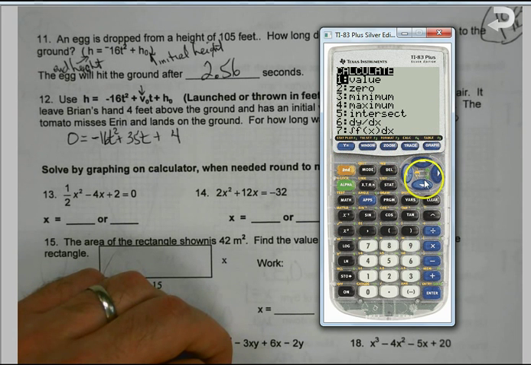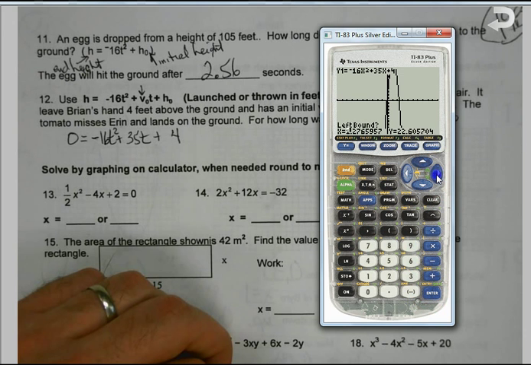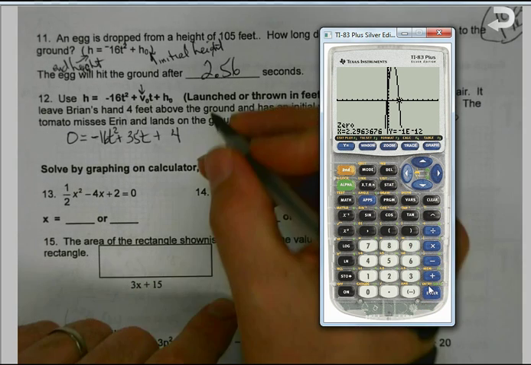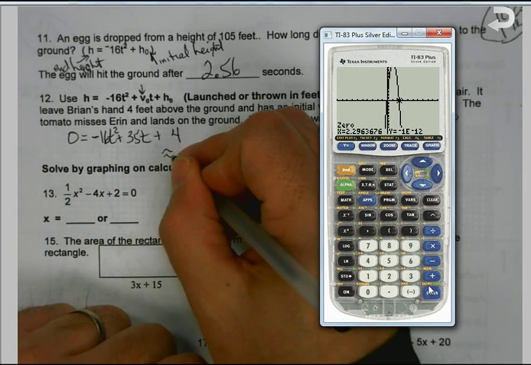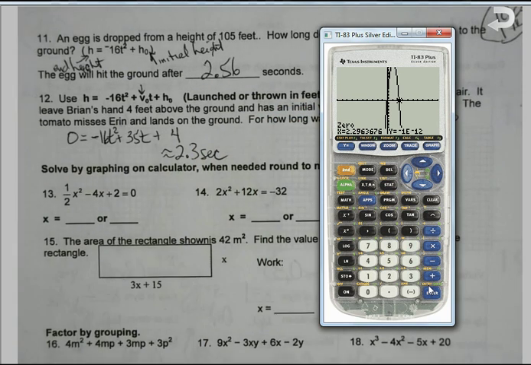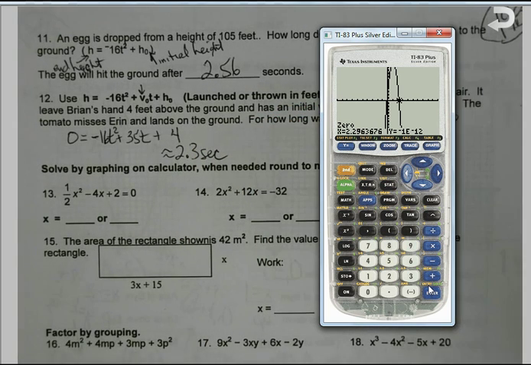So I'm going to go ahead again, use my calculate menu to find the 0. Okay, anywhere above it is good for my left bound. Anywhere below the x-axis is good for my right, because again, I'm trapping that point in. And I find out that my 0 is going to be at about 2.3 seconds, or 2.30 if you want to do another digit.